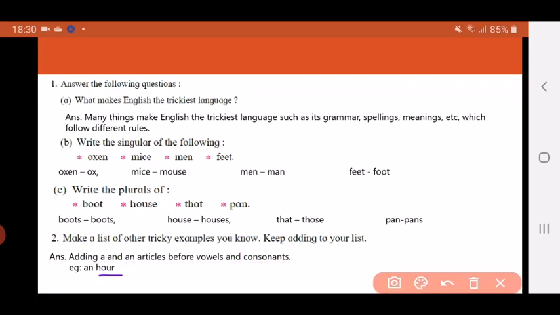This is hour. It starts with H and H is a consonant. So I should be adding a. But what article is added? An hour. So this is a tricky example. You can write your own examples, what you find confusing and tricky in English language.